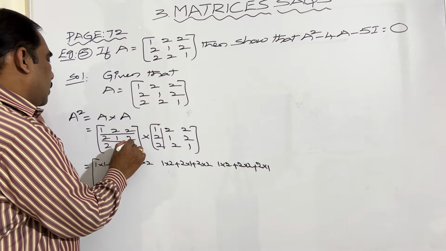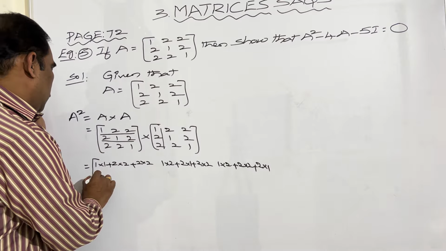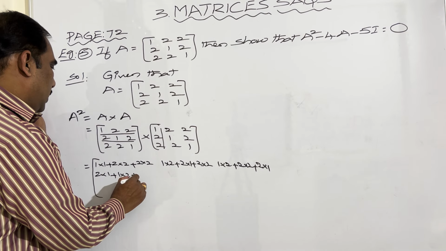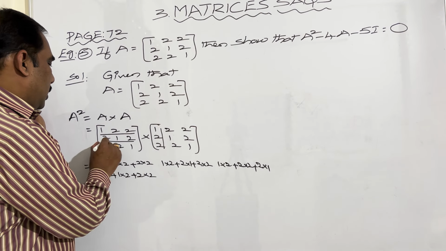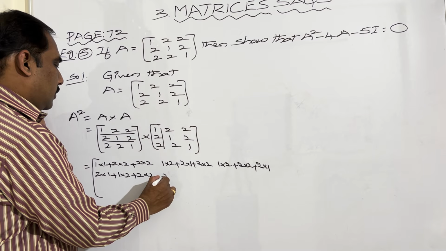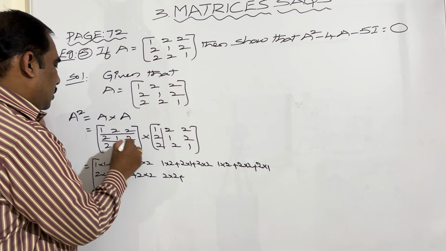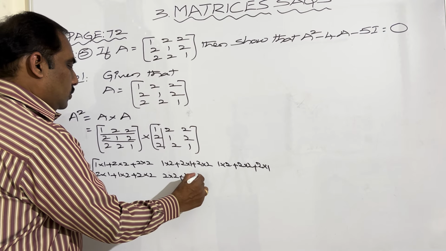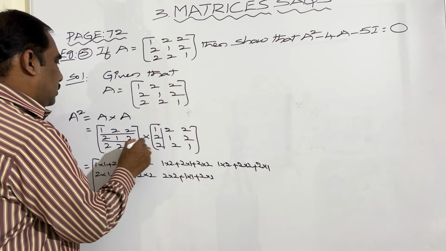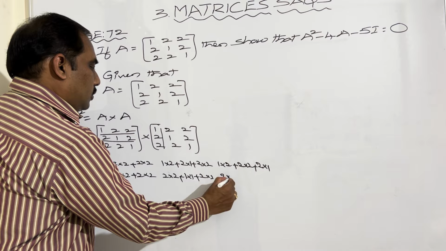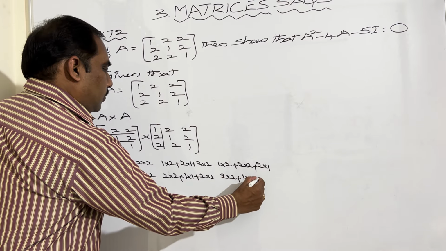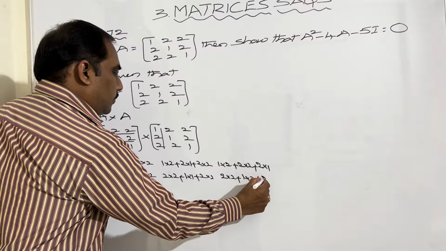And again second row, first column, that is 2 into 1 plus 1 into 2 plus 2 into 2. Again second row, second column, that is 2 into 2 plus 1 into 1, plus 2 into 2. Now second row, third column, that is 2 into 2 plus 1 into 2, plus 2 into 1.